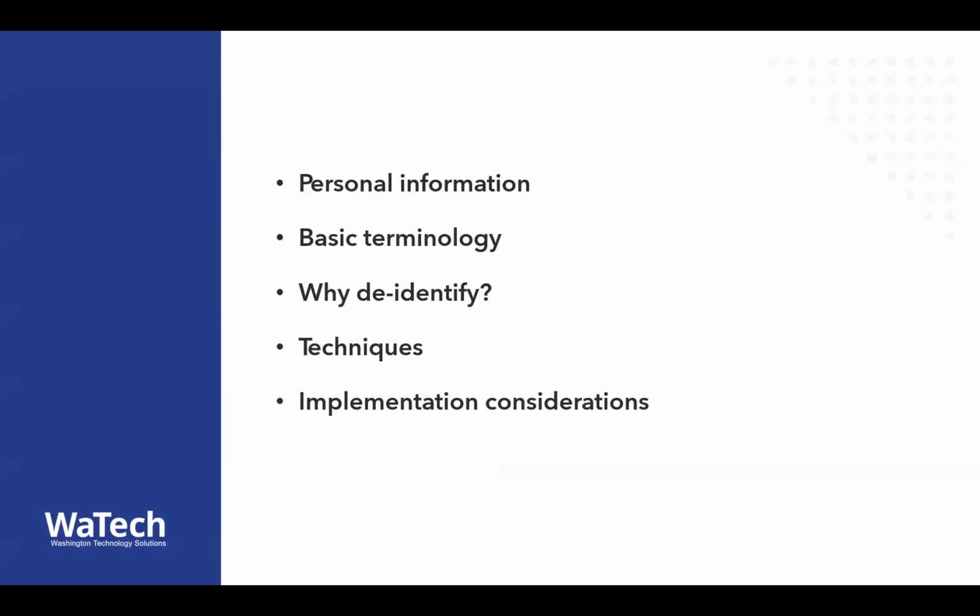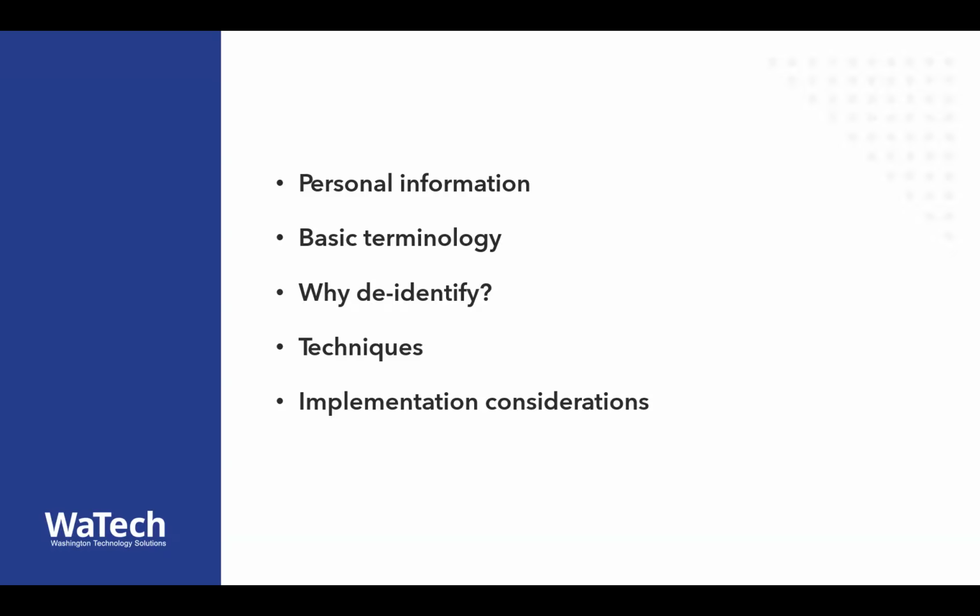Turning to the agenda here, we'll start with an overview to help ground us in the conversation about what is and is not personal information as kind of the starting place for this. Walk through some basic terminology to keep in mind when we're talking about de-identification that can sometimes be a little different than the terms that we're otherwise used to working with on privacy topics.